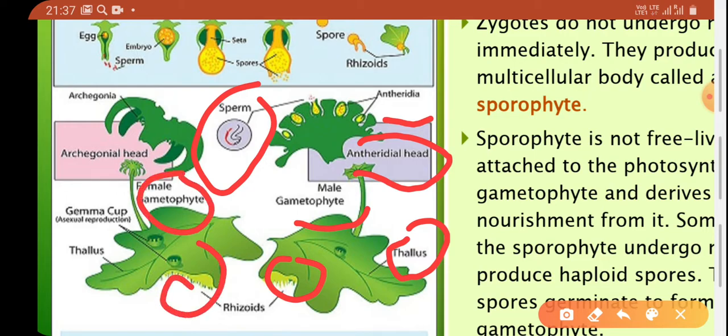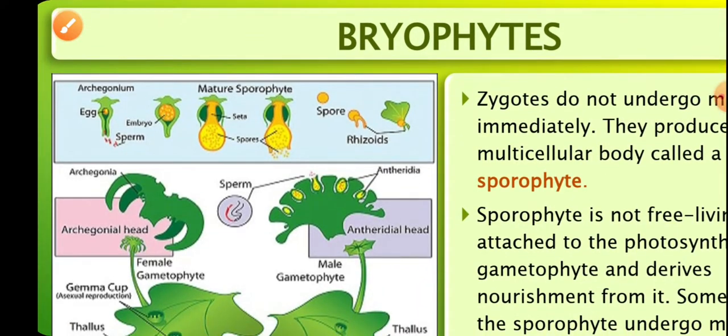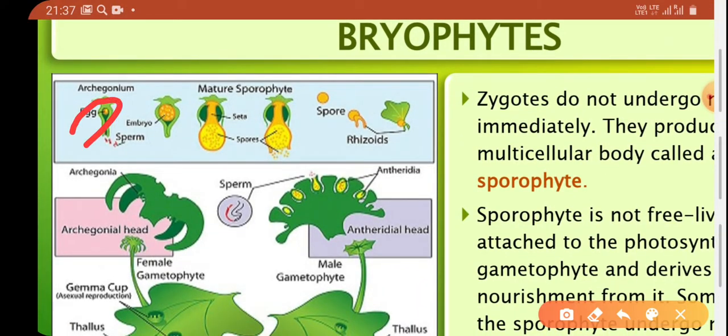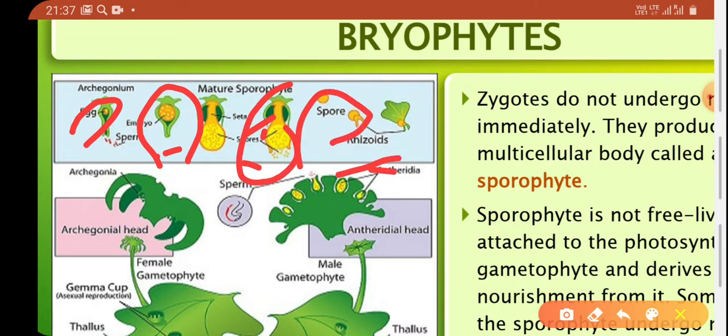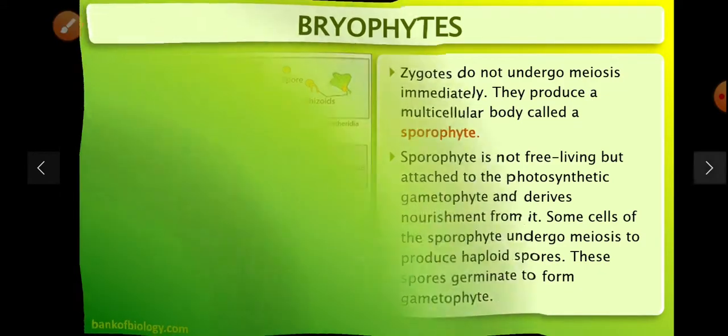This is female gamete. This is egg and sperm that now fuse together. Sporophyte, spores, rhizoid. This is the life cycle of liverwort.